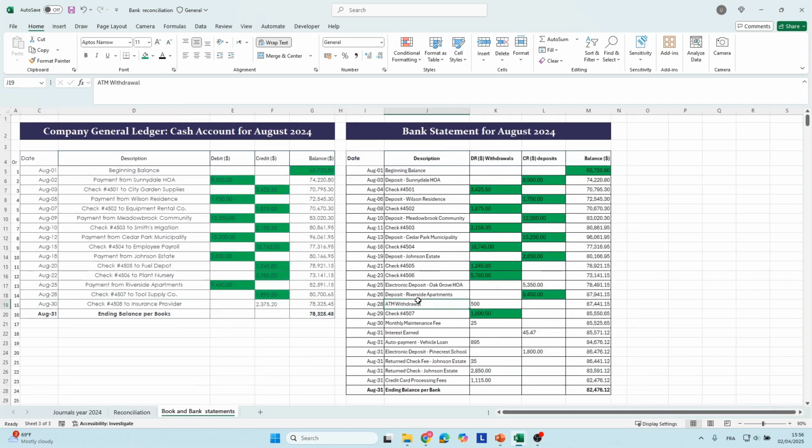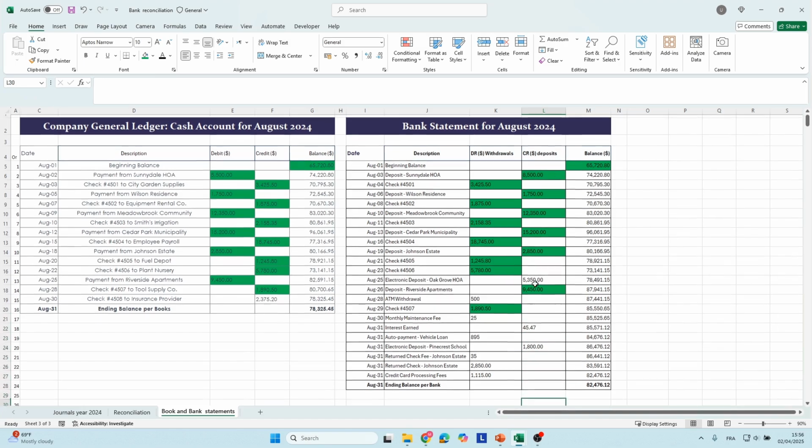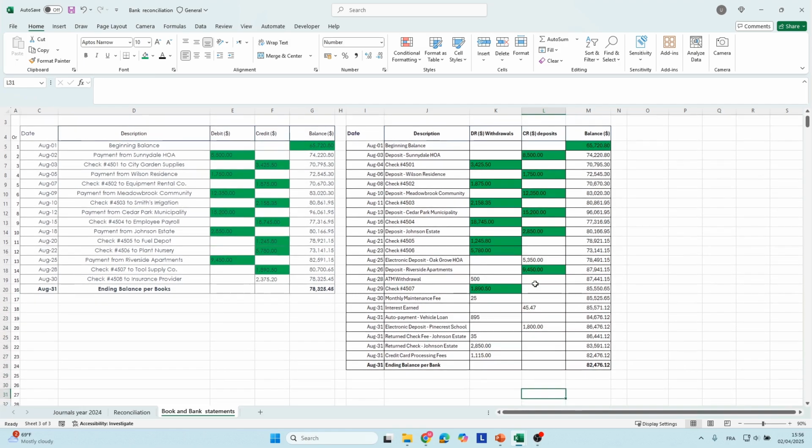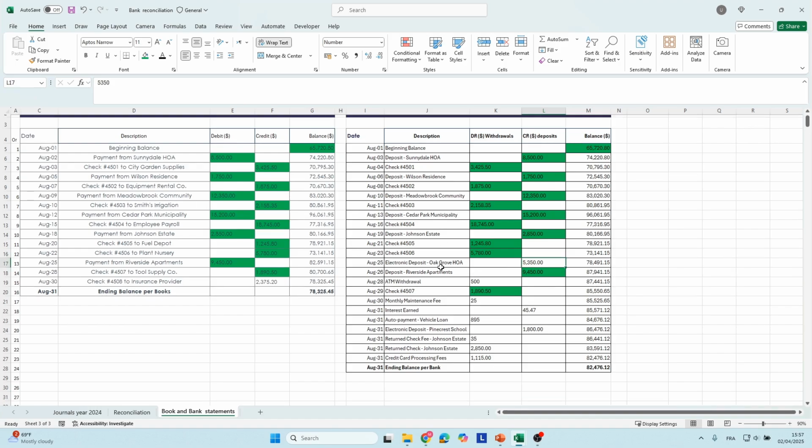Second, we need to adjust all the transactions that are shown in the bank statement and not yet booked in our ledger. So we have different transactions. First, we have an electronic deposit for the amount of 5,350 that was not recorded in the company book.